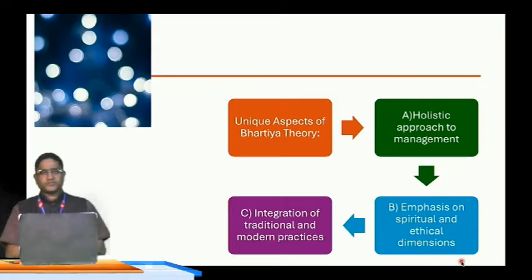So some type of spiritual habit would be formed in the organization so that the output would be better, and there would be integration of traditional and modern practices. Whatever traditional practice is going on in the organization would be combined or amalgamated with modern practices. So it is a combination of the tradition of India as well as the modern aspect which is going on worldwide.